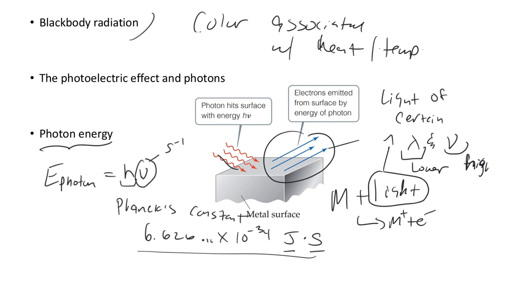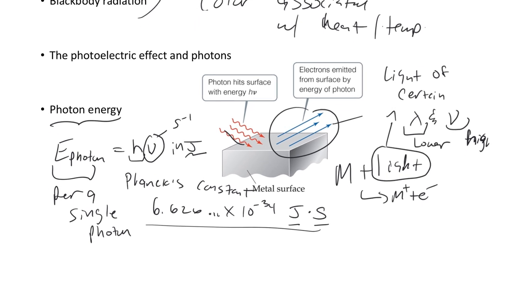So h, joules times seconds, times frequency, inverse seconds, gives us the energy of the light in joules. This gives us the energy for just one photon of light, the least indivisible portion of light that you can have is a single photon.